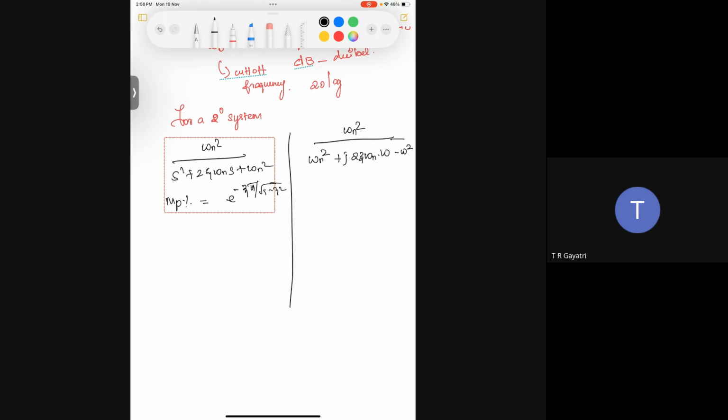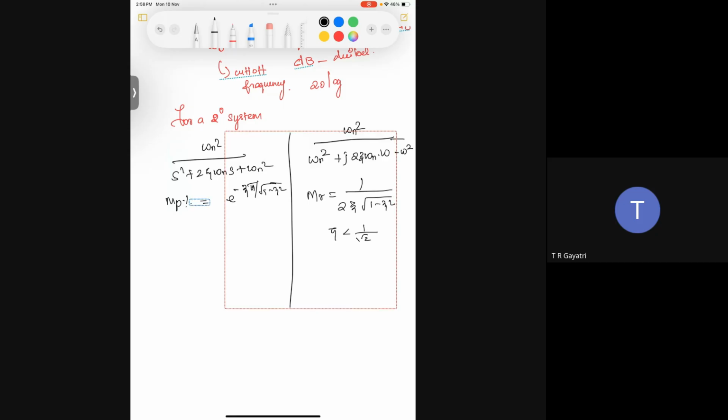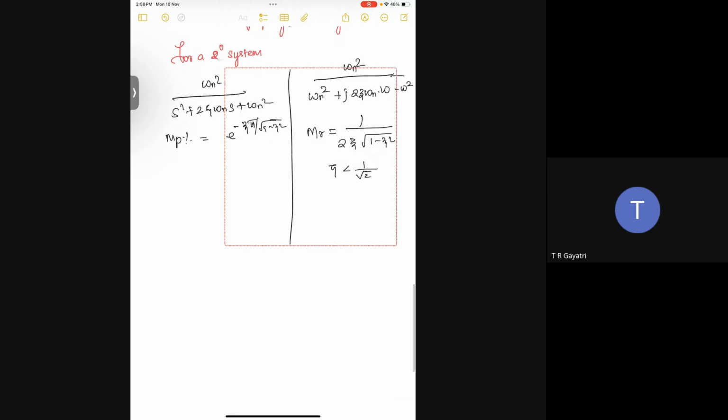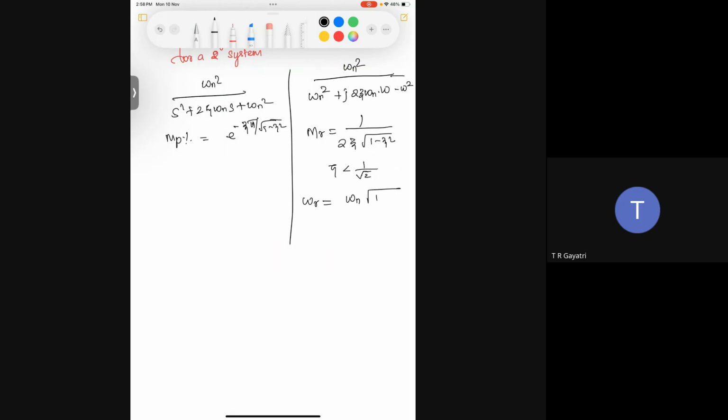Here your resonant peak would be MR equal to 1 divided by 2 zeta root of 1 minus zeta square, for all zeta less than 1 by root 2. The resonant peak occurs at the resonant frequency that we find using omega n root of 1 minus 2 zeta square.